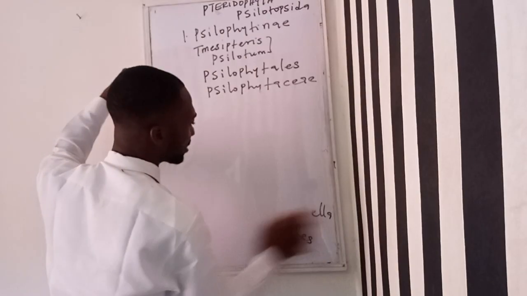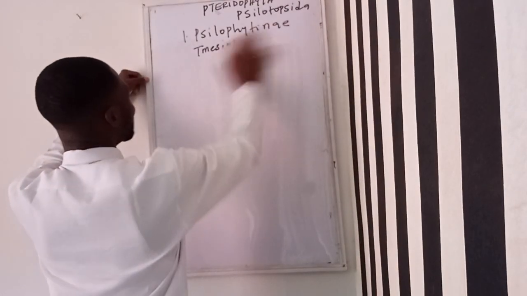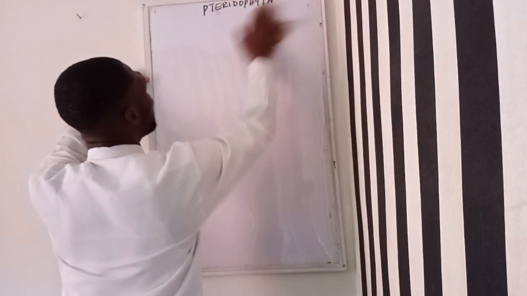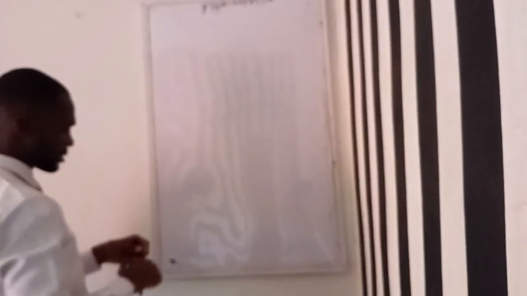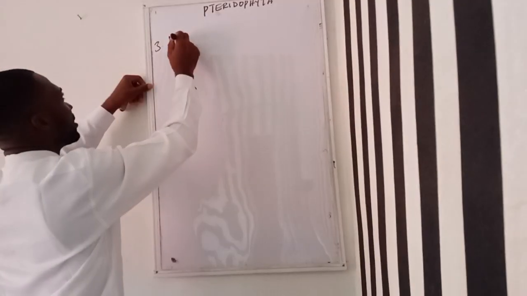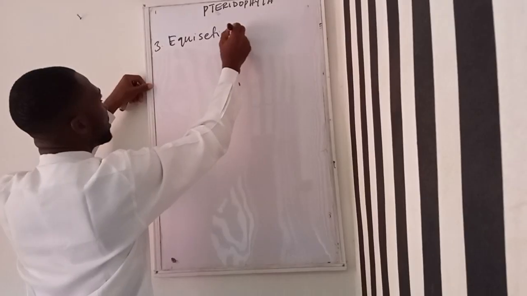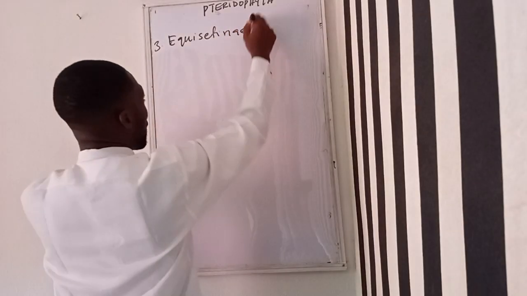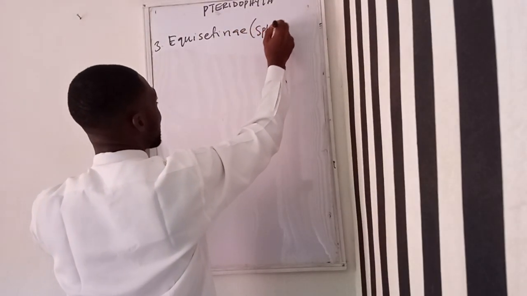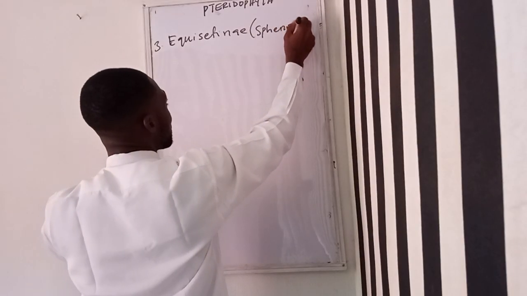So let's talk about the third class. The third class, number 3, is Equisetidae, or I call it the Sphenopsida.